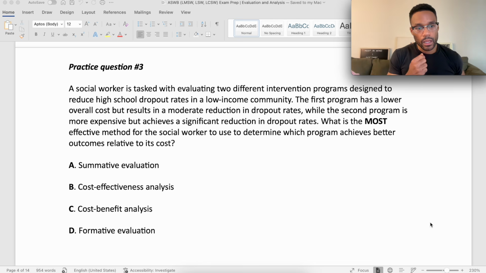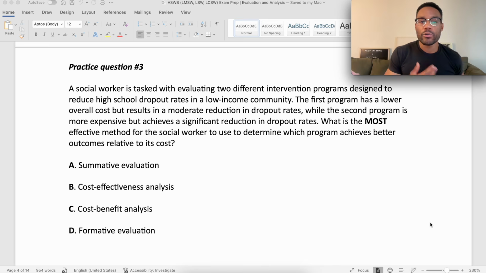Three, a social worker is tasked with evaluating two different intervention programs designed to reduce high school dropout rates in a low income community. The first program has a lower overall cost, but results in a moderate reduction in dropout rates, while the second program is more expensive but achieves a significant reduction in dropout rates.